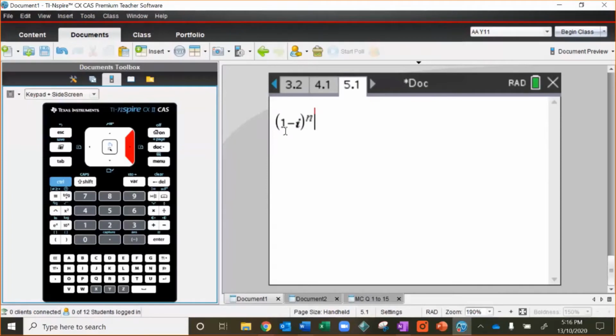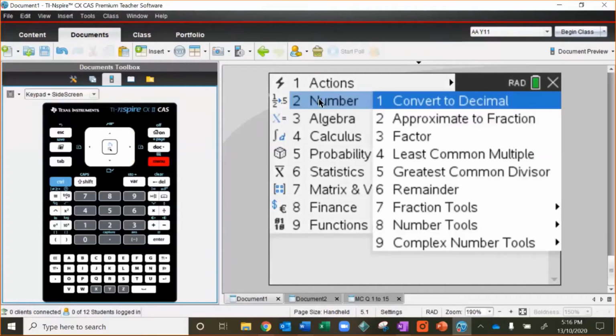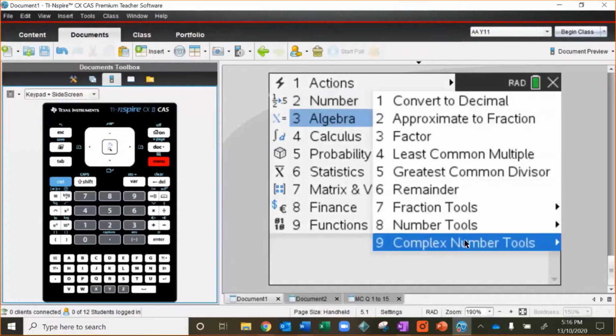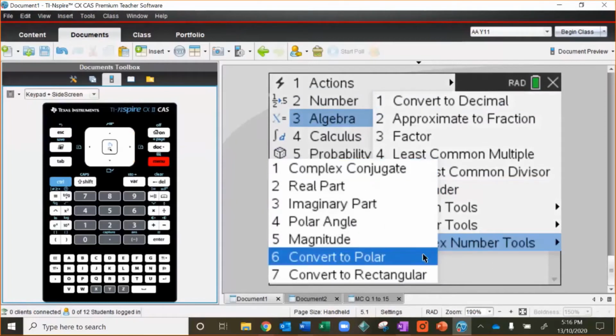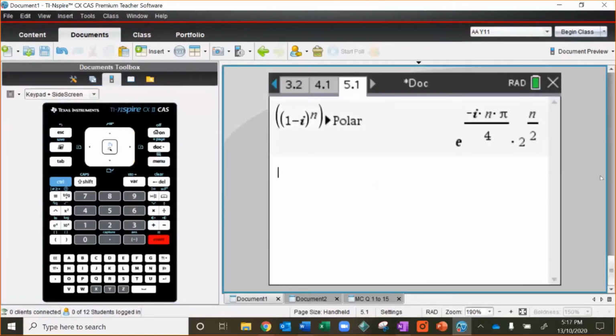So we enter 1 minus i to the n, and now we go menu, this time number, complex number tool, convert to polar. And the calculator tells us 2 to the n on 2 is the modulus, and the argument is minus n pi on 4. We are only concerned with the modulus because we know modulus z is 32.